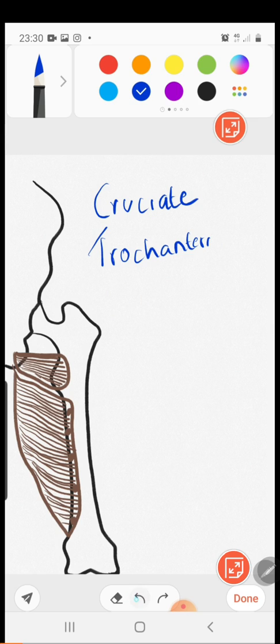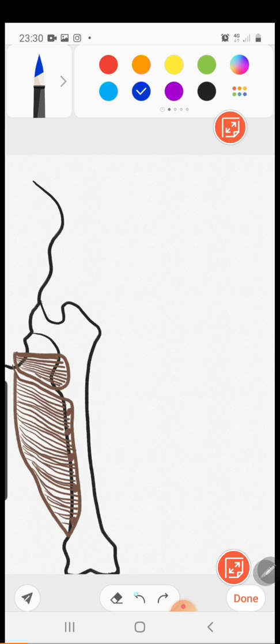When there's an obstruction to the femoral artery proximal to the origin of the profunda femoris artery, the collateral circulation is established through these anastomoses, because these are the sites where the branches of the femoral artery anastomose with the branches of the internal iliac or the external iliac artery.